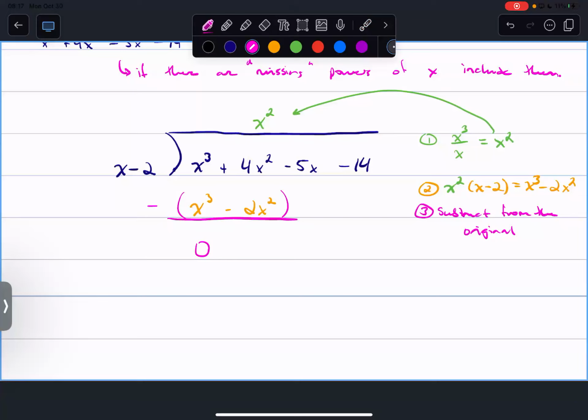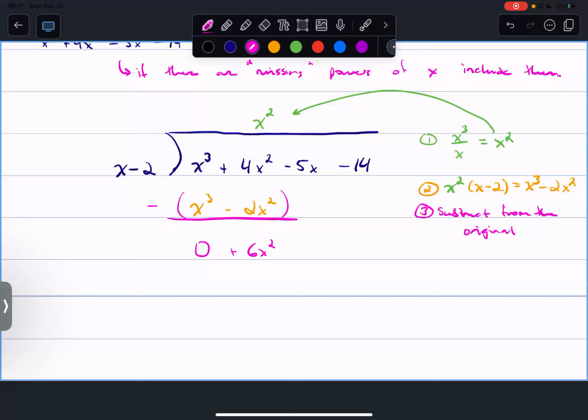So I'm slowly going to be chipping away at these powers of x. And if the leading term that you're working on doesn't go to 0, something went wrong. So x to the 3 minus x to the 3, that's good. And then 4x squared minus negative 2x squared is 4x squared plus 2x squared, which puts me at plus 6x squared.